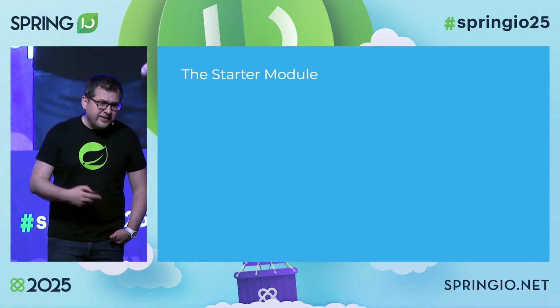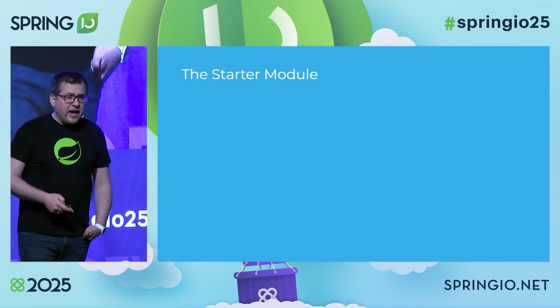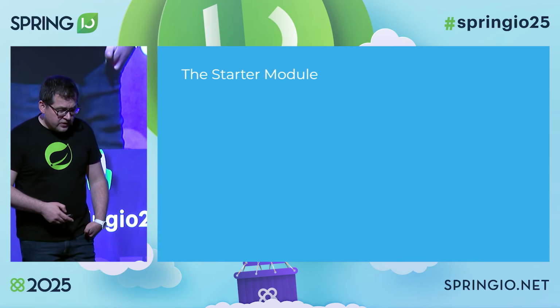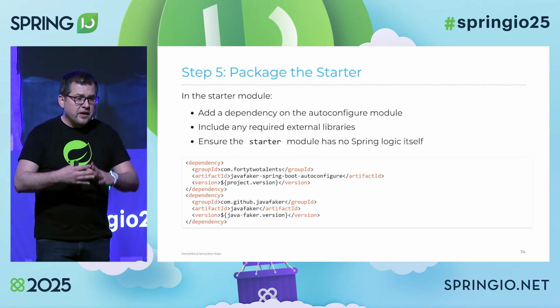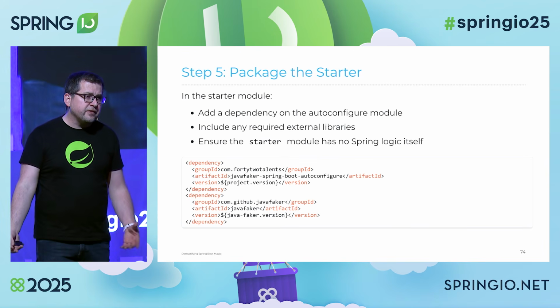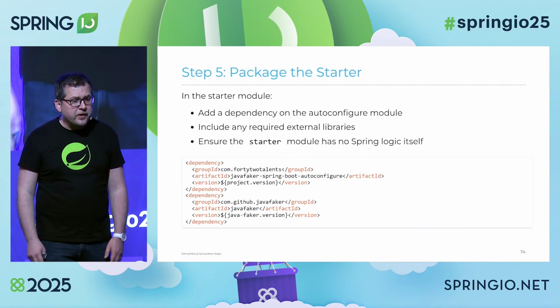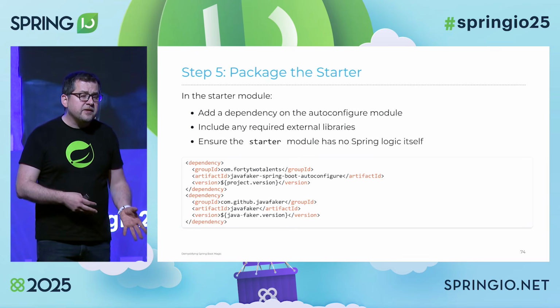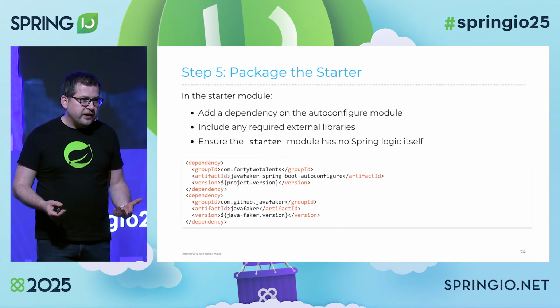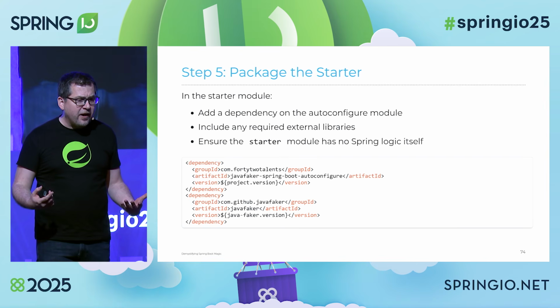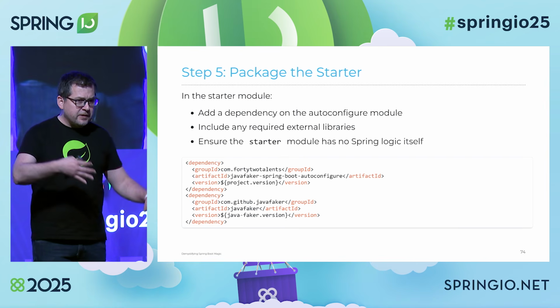And then in the end, we have a starter module. The starter module is just something which pulls things together. That means my starter needs the dependency on the auto configuration, but it also needs the dependencies I use, right? So the starter itself should not have logic in there. It's basically just a POM file which pulls in the dependencies.